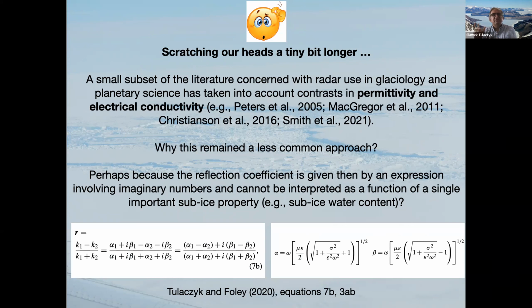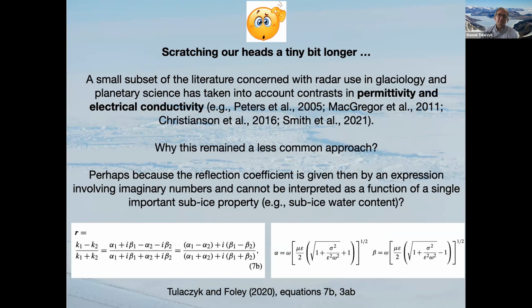Yes, there is a subset of literature concerned with radar use in glaciology and planetary science that has been taking into account electrical conductivity. The magnetic permeability is pretty much thrown out of the window by everybody, so I'm going to do the same too. But people have used equations that include both permittivity and electrical conductivity. So why has this remained a niche approach in glaciology?